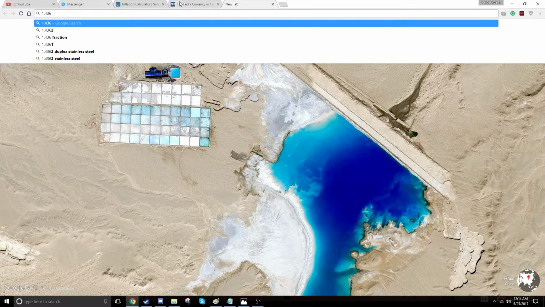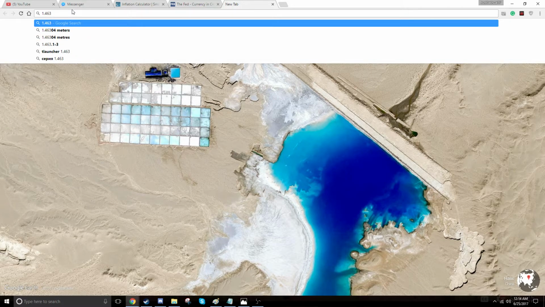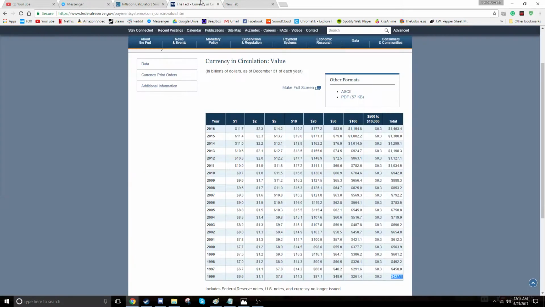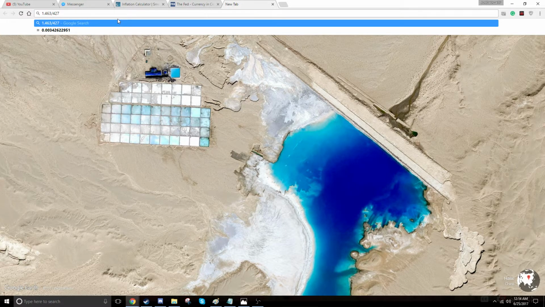Okay, so 1,436 was that? 1,436 divided by 427 means that there's 3.42 times the current U.S. currency. So he gained 3.4 times.